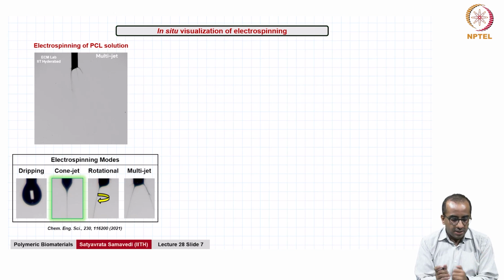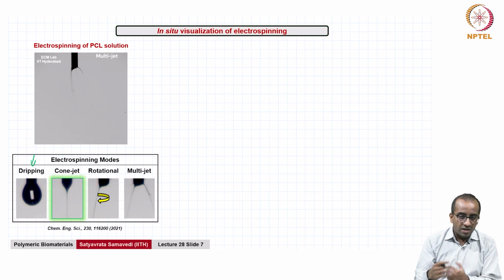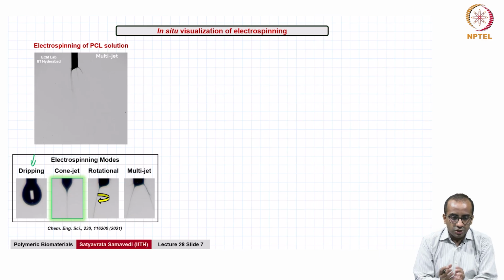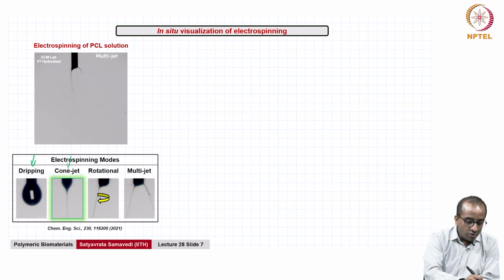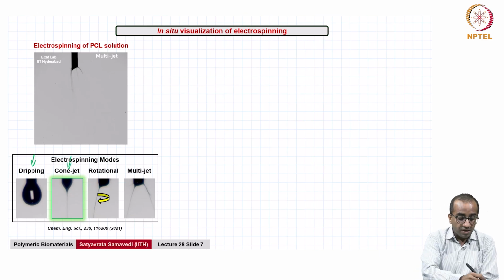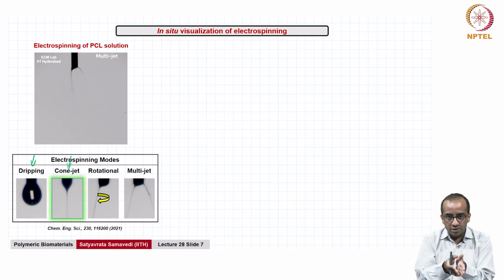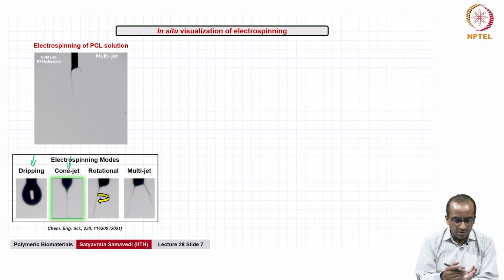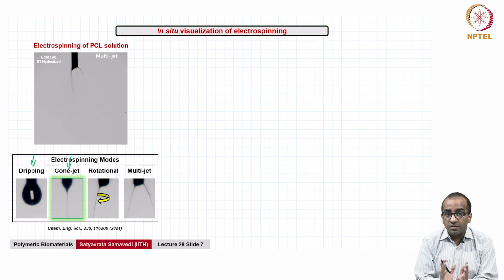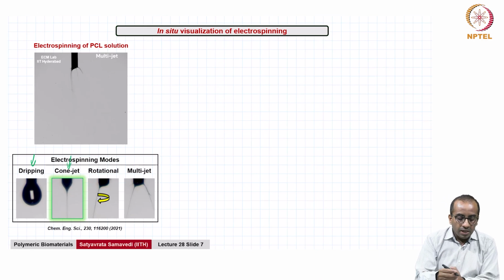So in one video, we have been able to capture the different modes as a function of voltage, going from dripping, which happens at very low voltage and is still surface tension dominated. Then the cone jet mode, where if at some point you stop ramping up the voltage and continue stable electrospinning, the cone and jet is going to be maintained in that same position. You are going to get very stable fibers. Cone jet mode is one of the most preferred stable modes in electrospinning.